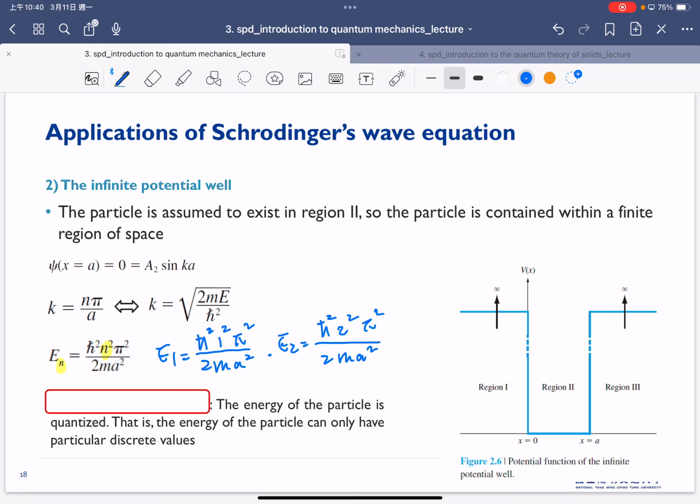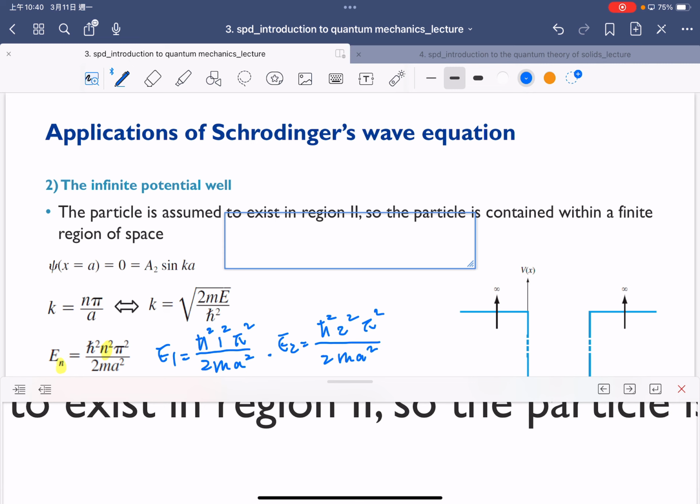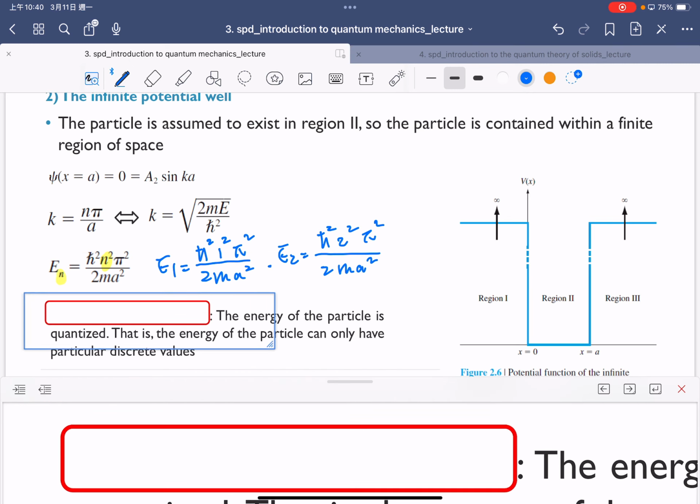So that means our energy right now becomes discrete, becomes separate numbers that can be counted one by one. You have an energy E1, you have E2, you have E3. It's not a continuous energy anymore. So that's the concept of the quantization of the energy.